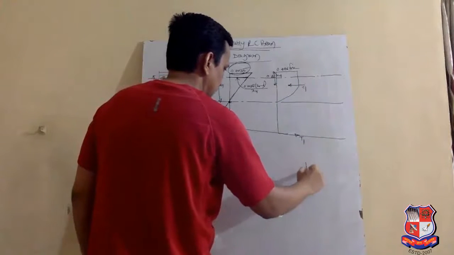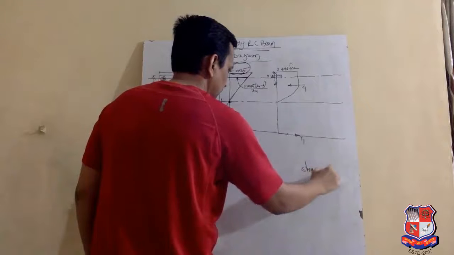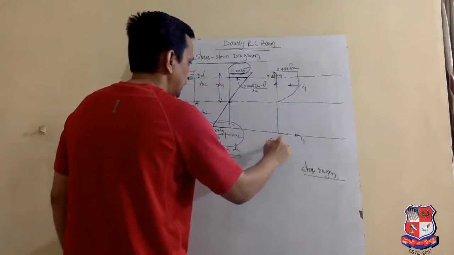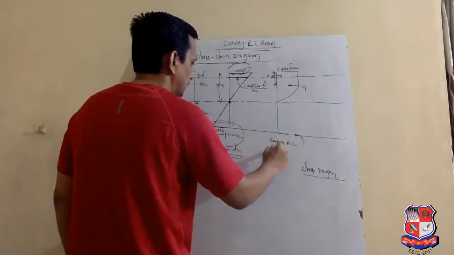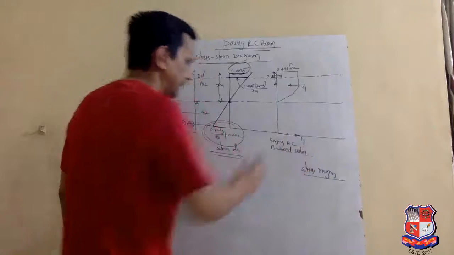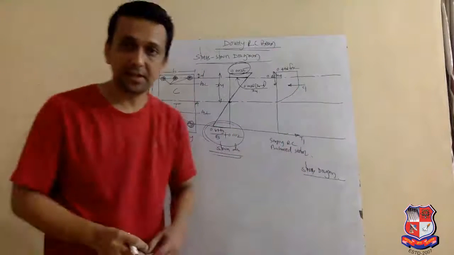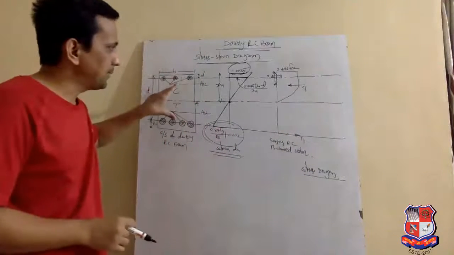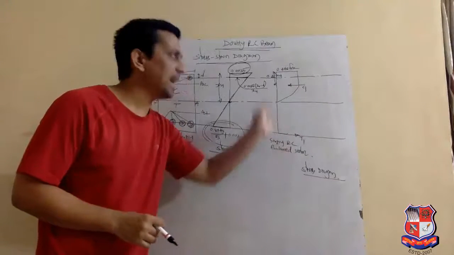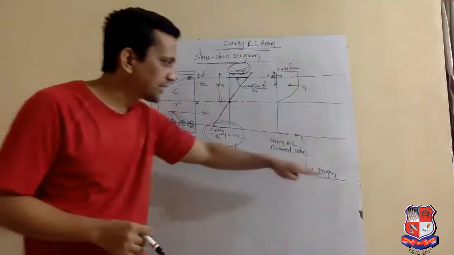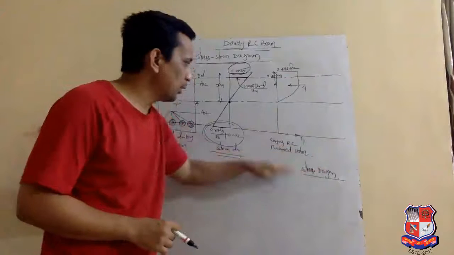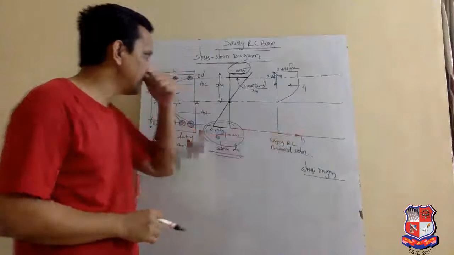Stress diagram of the singly reinforced balanced section. As we have already discussed, a doubly reinforced beam is the combination of a singly reinforced balanced section and an auxiliary section. So in the stress diagram, first we will see the stress diagram of the singly reinforced balanced section.